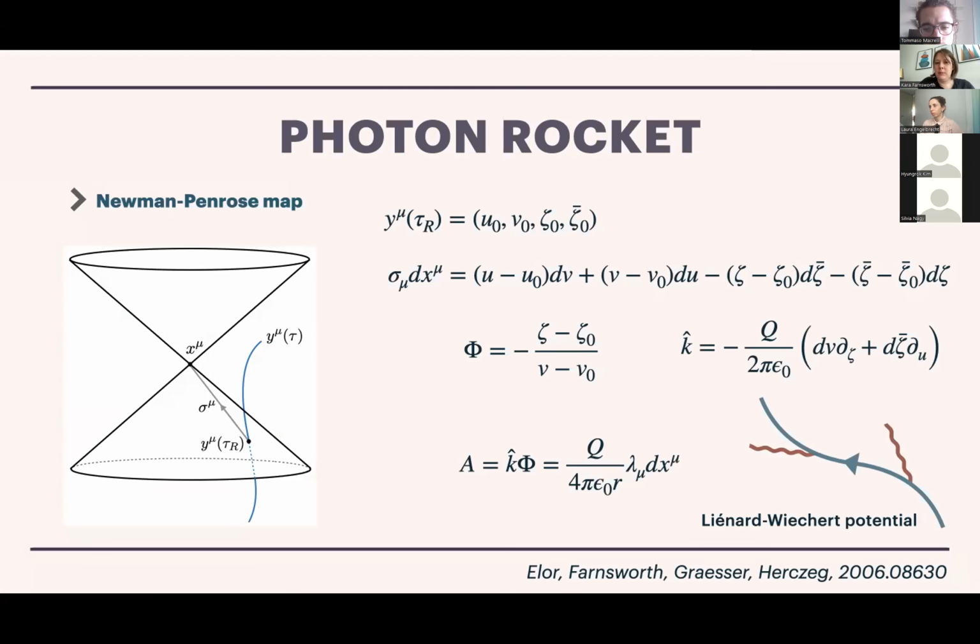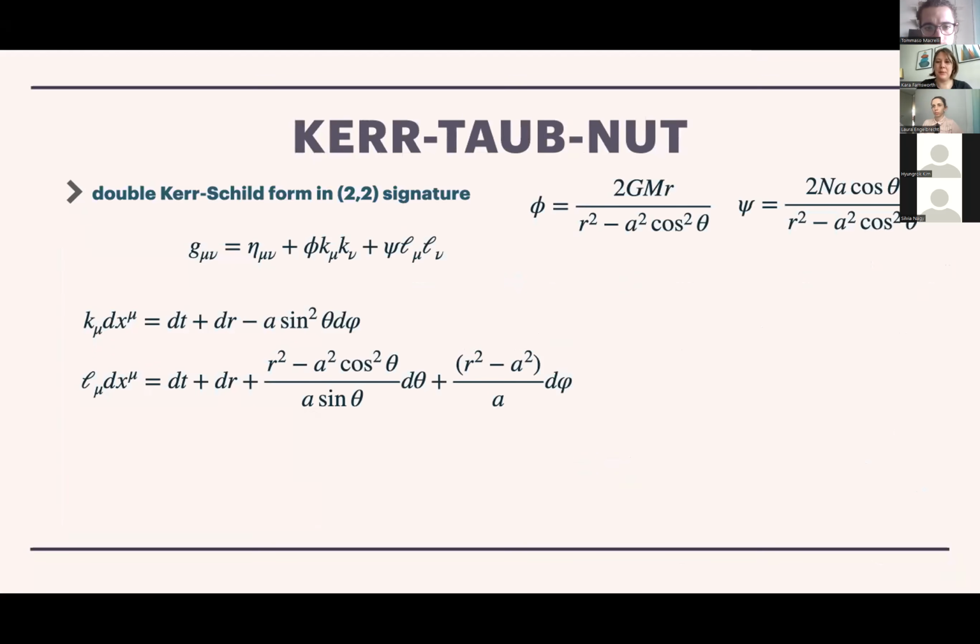And then one last example, I just want to point out, this is from the newer paper that hasn't come out yet, but we also can look at more complicated spacetimes. In particular, Kerr-Taub-NUT exhibits double Kerr-Schild form when you go to 2-2 signature. So there's phi K K and psi L L. Here phi is something like the Kerr part of it, and psi, this N is the NUT charge, so that's associated with that.